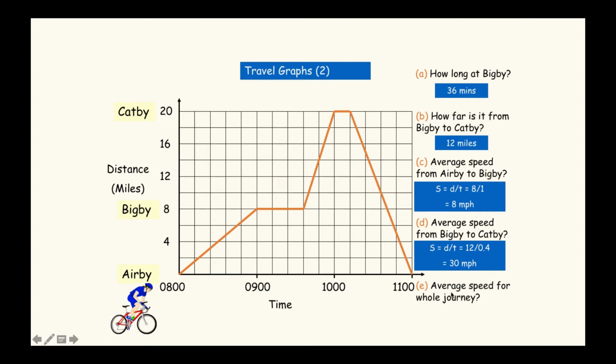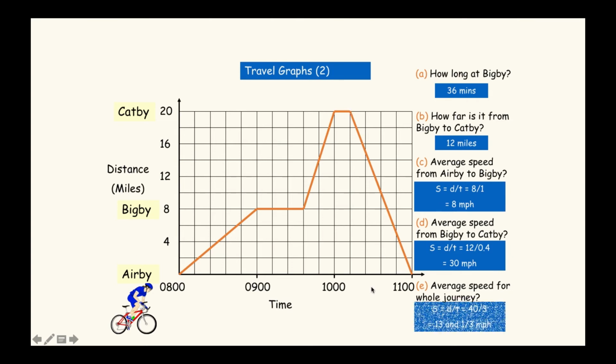Okay, and your last one, what is the average speed for the whole journey? Well, for the whole journey, here they travelled 8 kilometres, here they travelled 12, and then here they travelled 20. So 8 plus 12 is 20, obviously, and then 20 all the way back. So we know it's got to be the same distance, showing you.